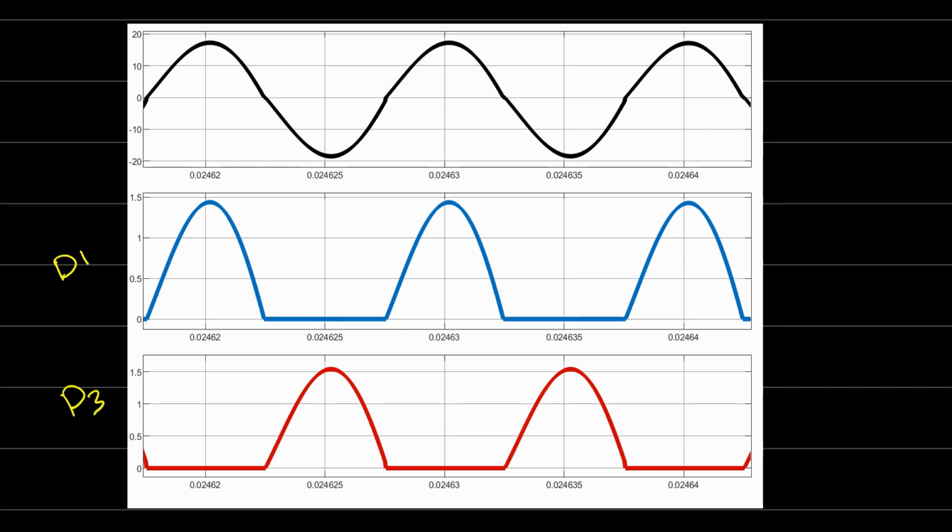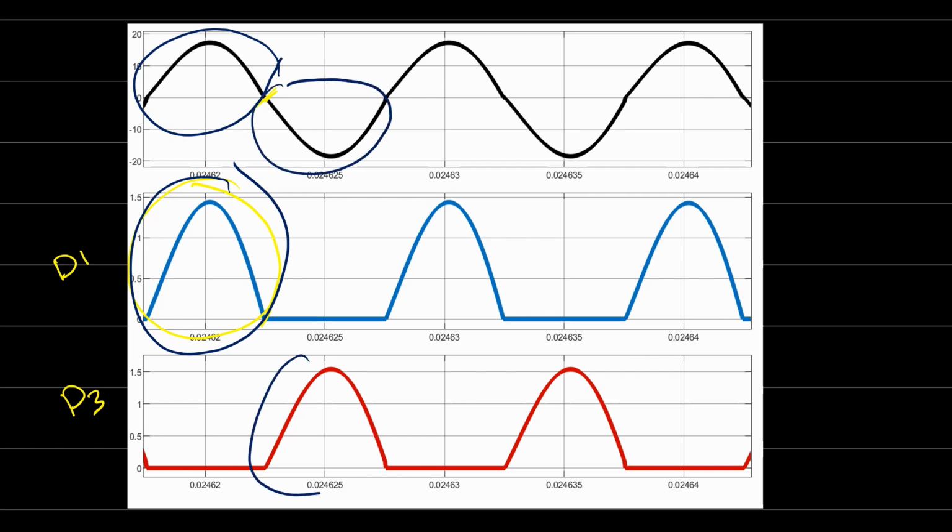You'll find the current is taken one portion from here and this portion from here. Exactly. And then here, when we switch between the diodes and the switches, you'll find that we're operating at zero current, zero voltage switching, so no problems.